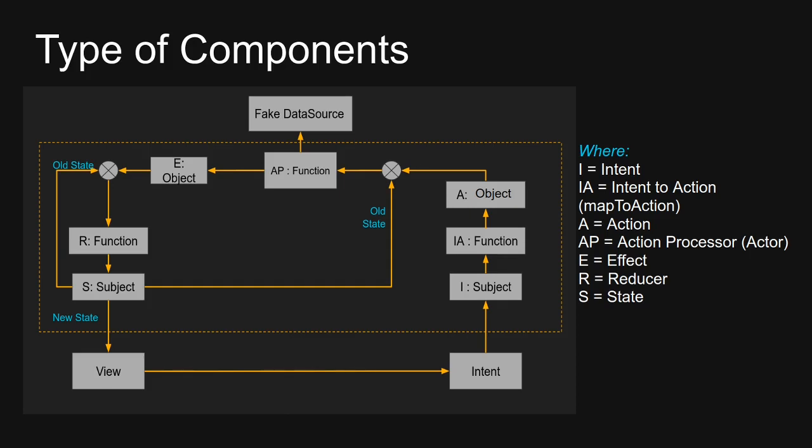The actor processor, or actor, is a function. The actor function produces the effect and this effect is passed into the reducer. The reducer is a function which takes two parameters, that is an effect and an old state, and this reducer outputs a new state, and then this new state is sent on to the subject of the state.